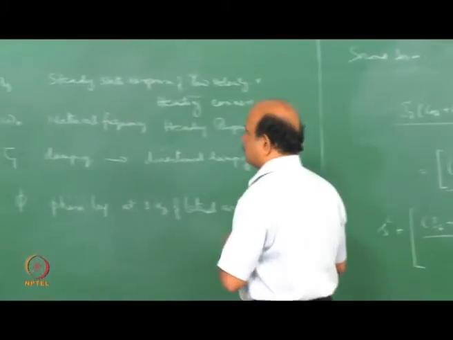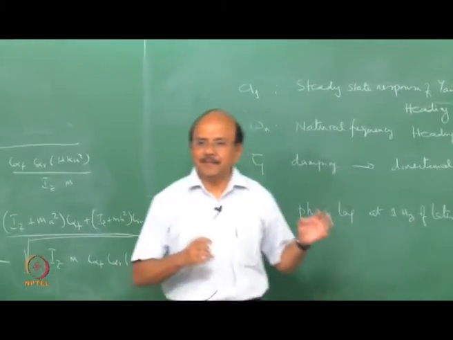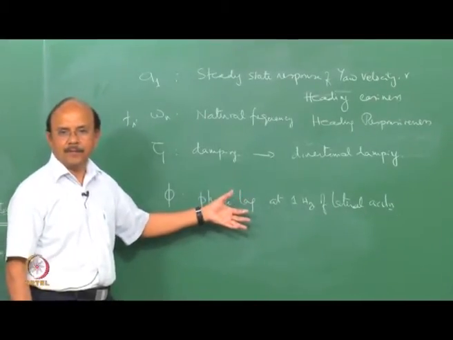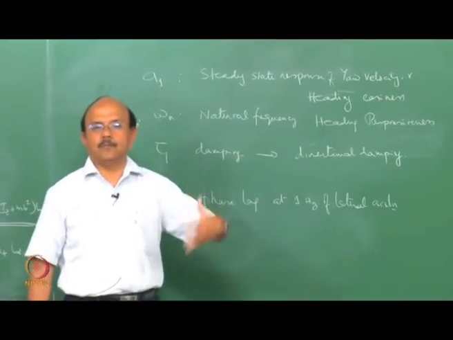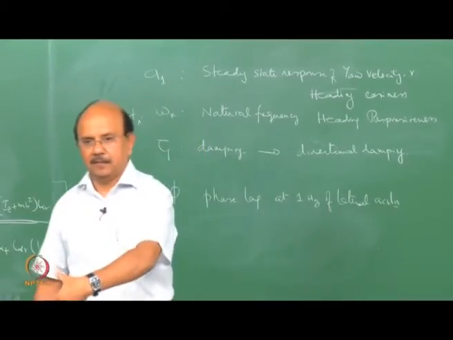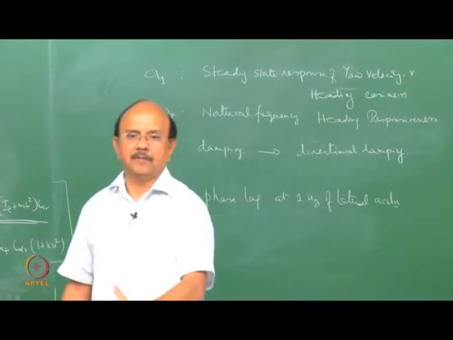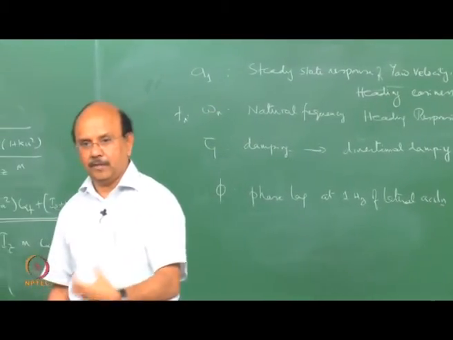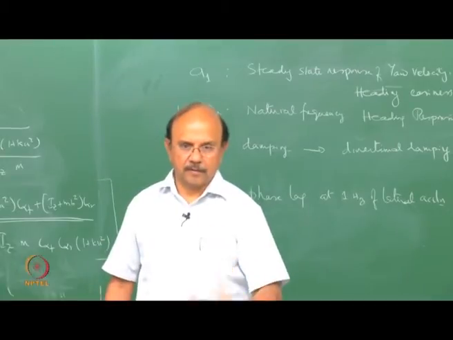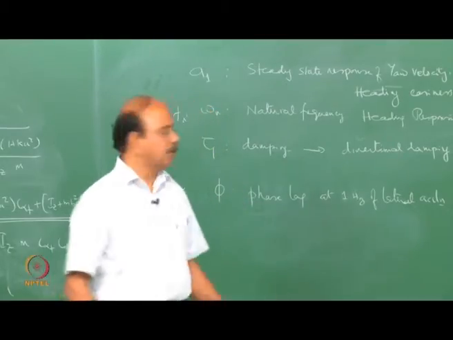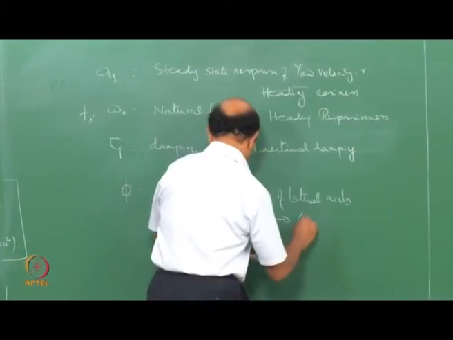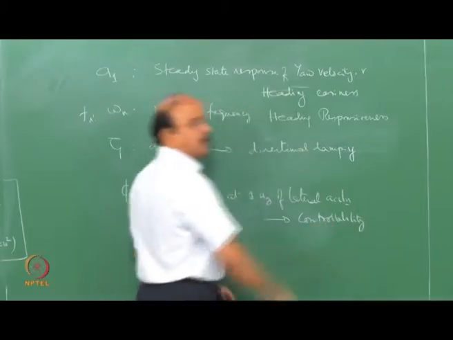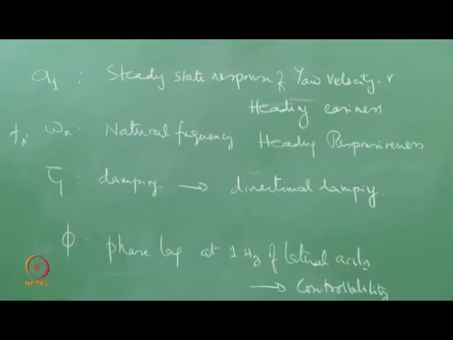So in other words, intuitively I know that if the phase lag is small, what I give is immediately heard or responded by the system, or in other words, it's easier for me to control the system. So I would call this controllability. Right? So these are the 4.